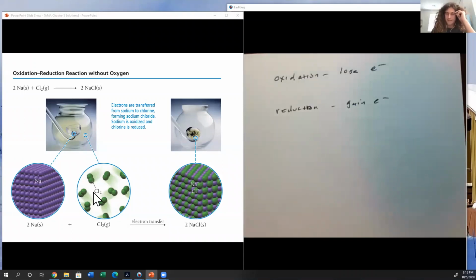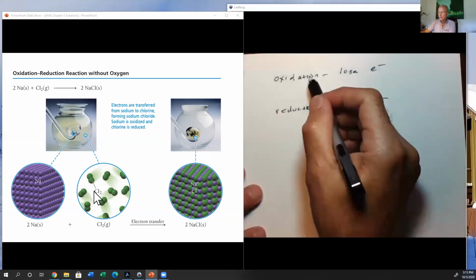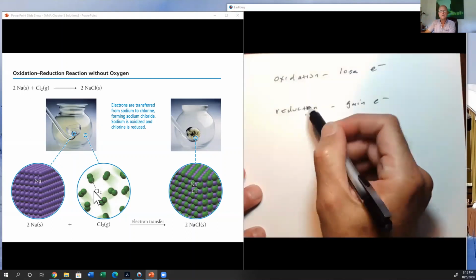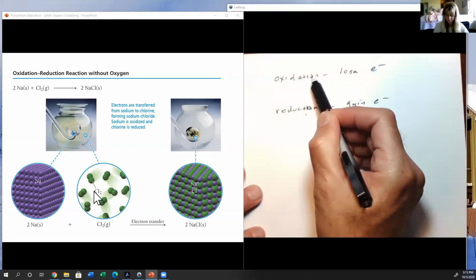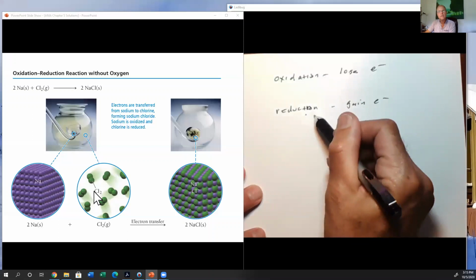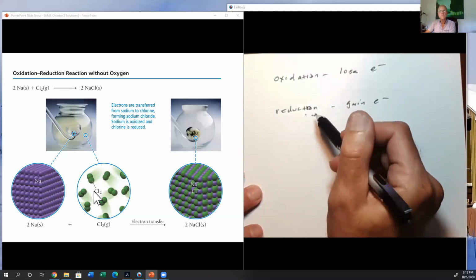So when you combine a metal and non-metal, you have a perfect match for an oxidation reduction reaction. The metal loses an electron, so the metal is oxidized or reduced? Oxidized. The metal's oxidized. The non-metal gains an electron, so the non-metal is reduced.